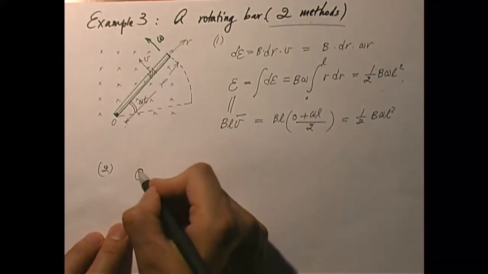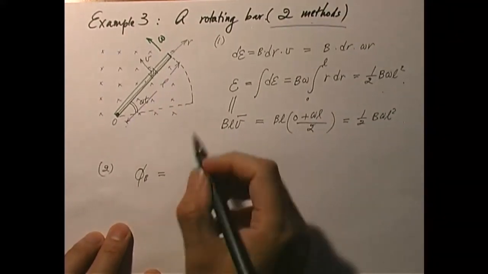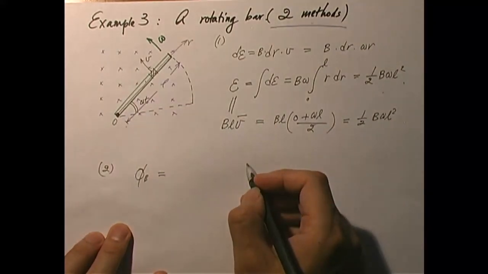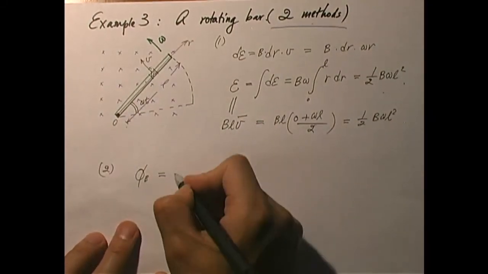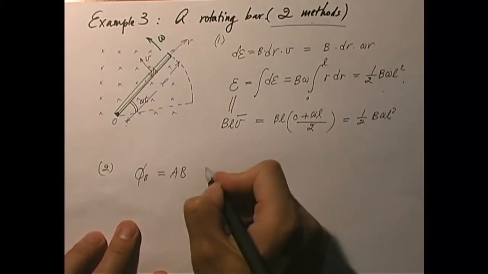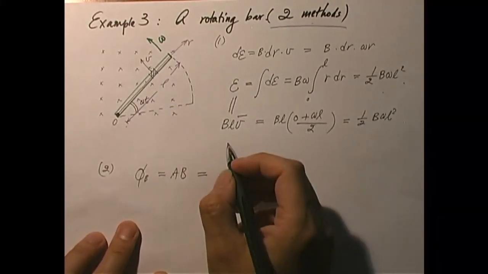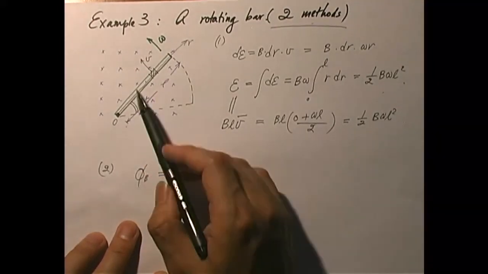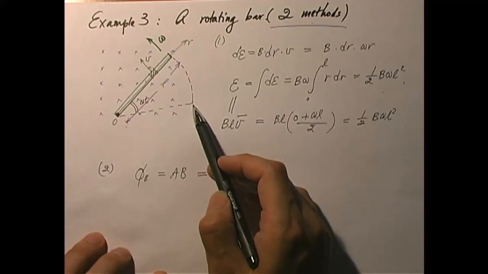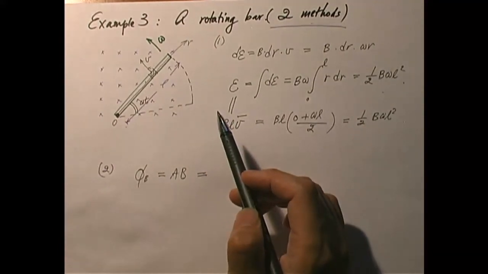Phi B, first of all, what is that equal to? Over that fan-shaped area, the magnetic field is uniform, so it's just A times B. The area of the fan times B, that's it. B doesn't change, but A does. Okay, so what is A? For a fan-shaped area, if the angle here is theta, and length here is r, do you remember what the area is equal to?